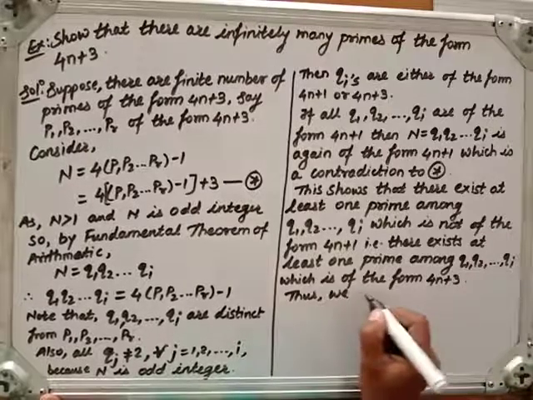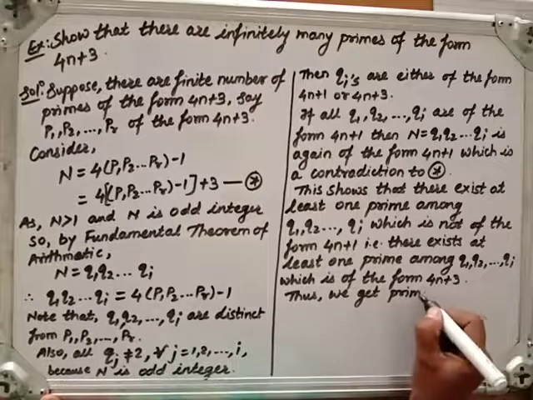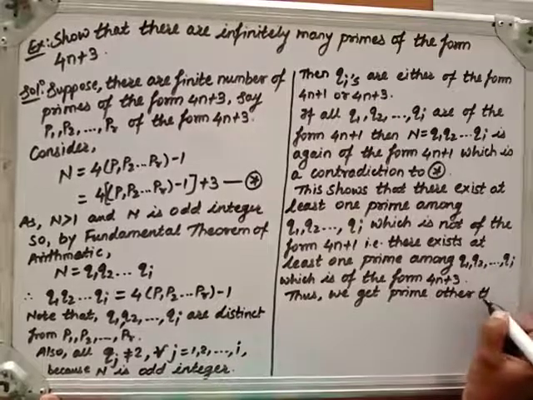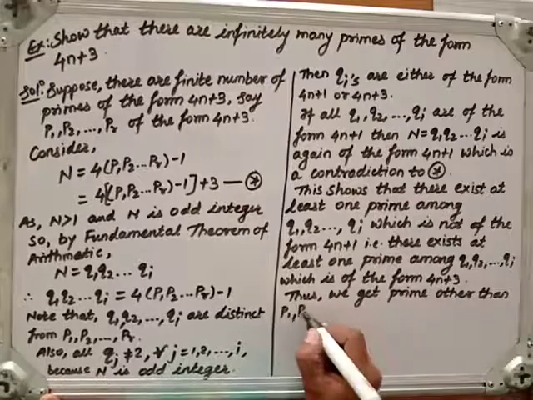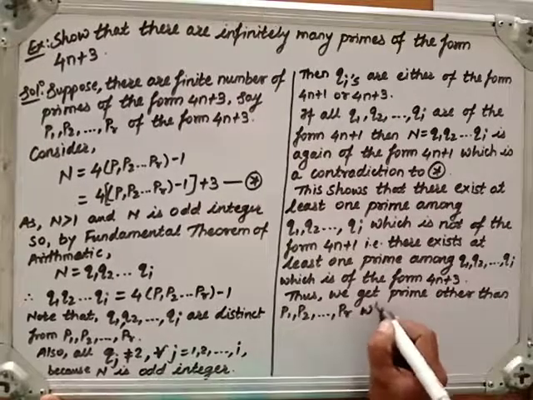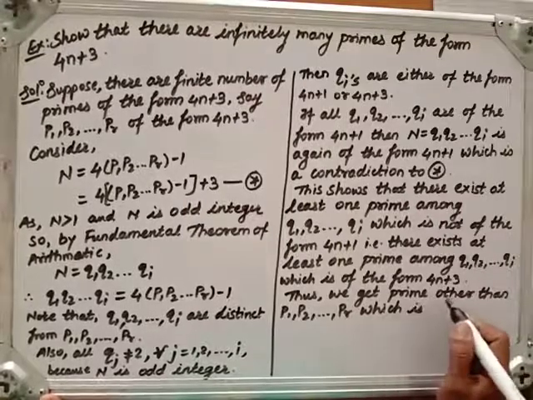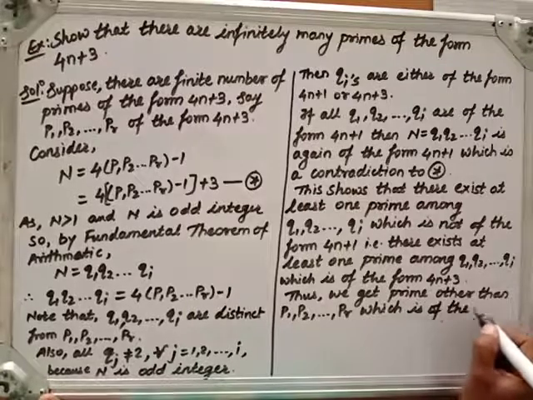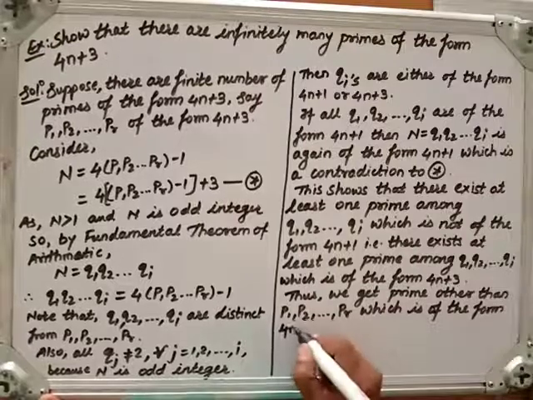we get a prime other than p1, p2 and so on up to pr, which is of the form 4n plus 3.